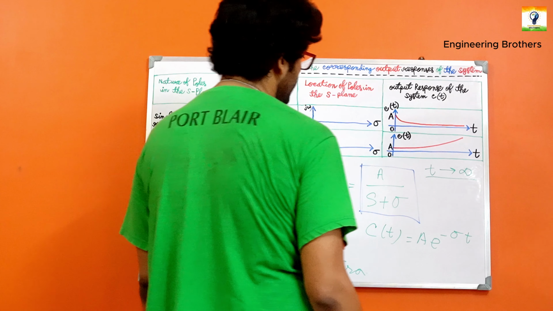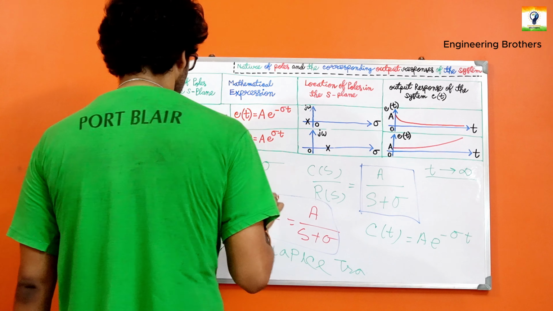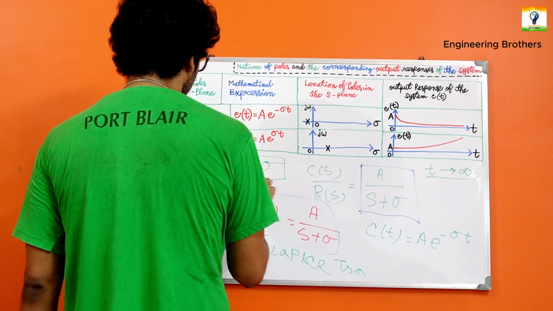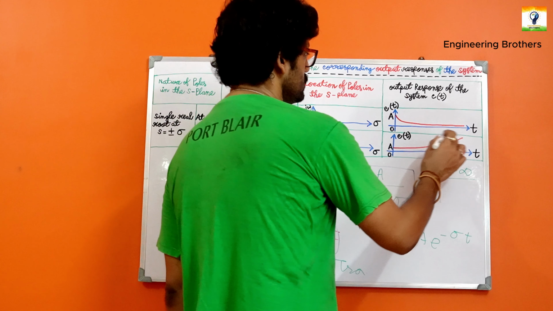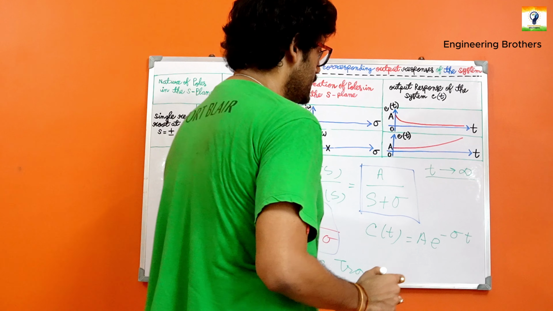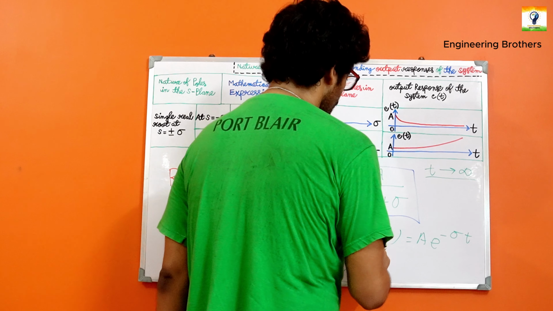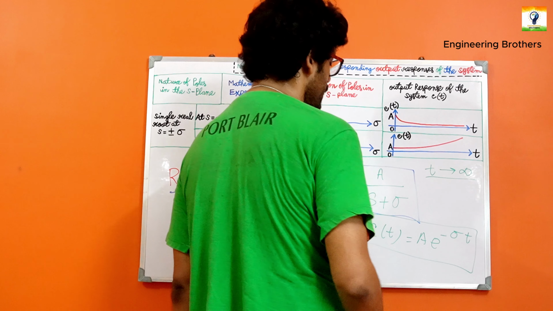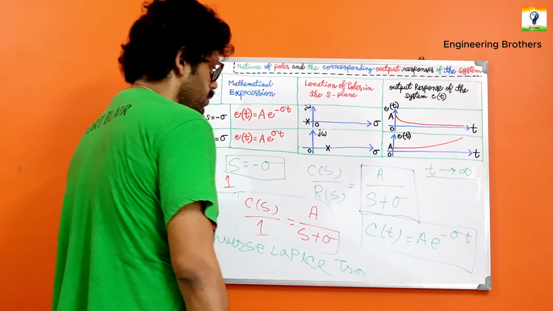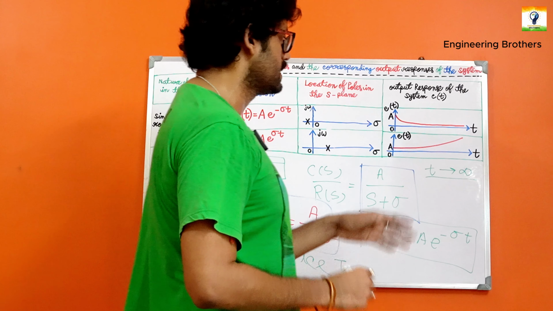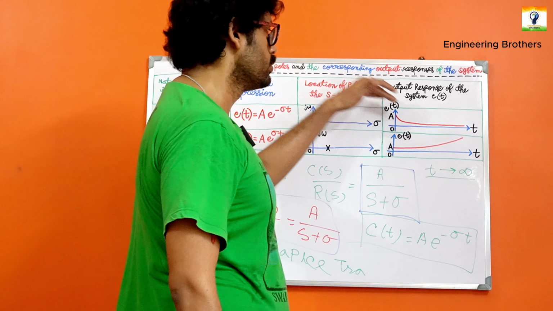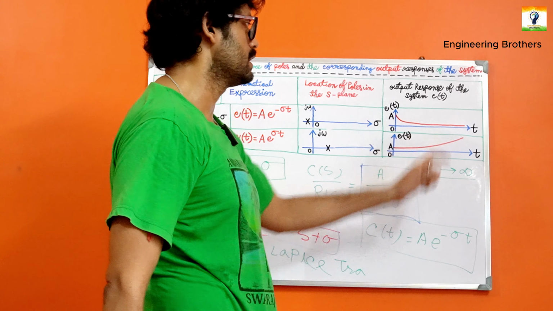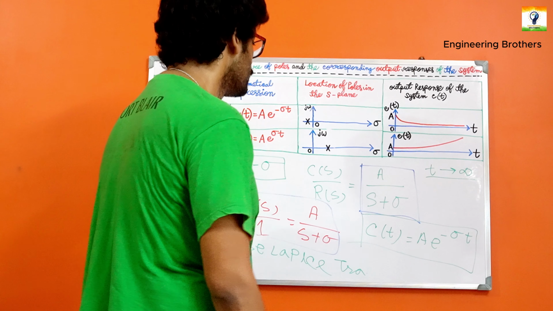That is why I can say that in this case, because of this location of our pole, which is s equal to minus sigma, according to our time domain analysis and our c(t) waveform, the system is stable. Because as time t tends to infinity, the output waveform goes to 0, which gives the exact characteristic of a stable system.